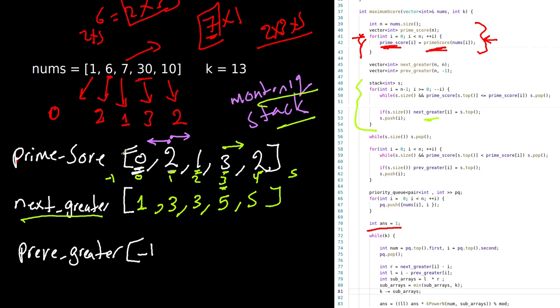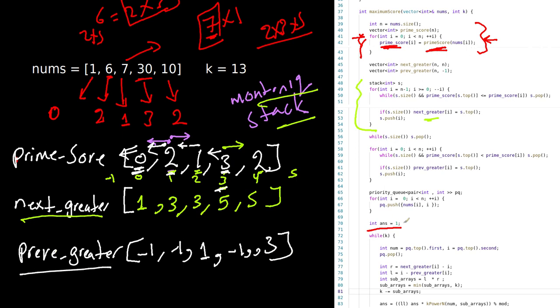Here we are looking at the left side. For 2 it's -1. For 1, the first element that is greater than 1 in the left side is 2, which is at index 1. For 3 it's -1, because there is no element greater than 3 on the left side of 3. For 2 it's 3. That's it. This is the previous greater element.